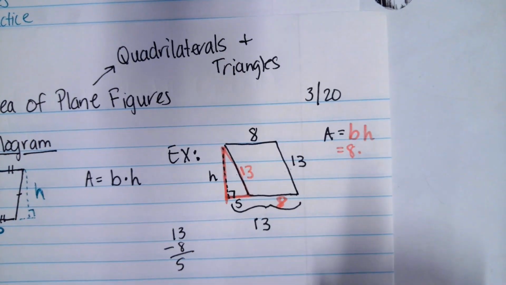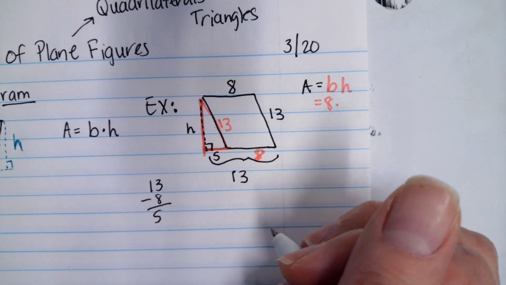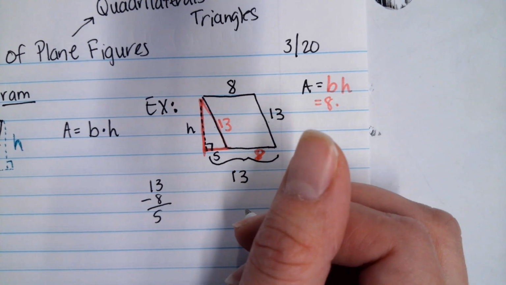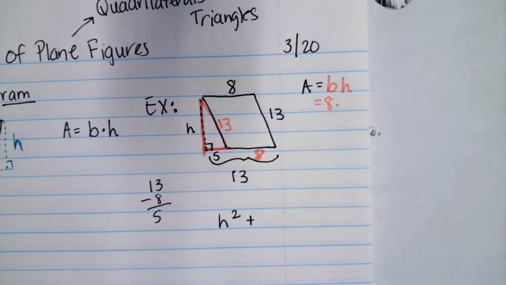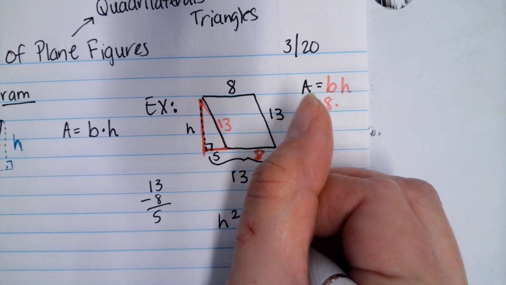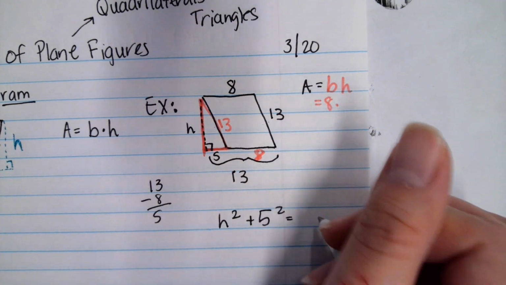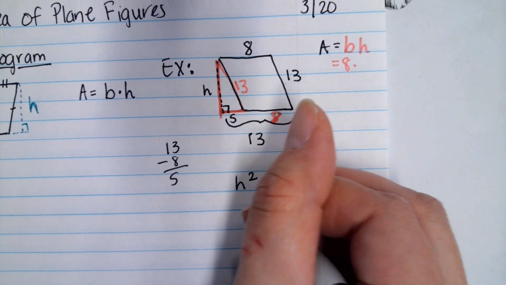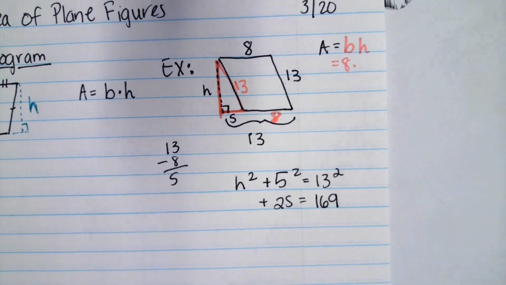Let's go ahead and label our h and find h. Is h one of my sides, my legs, or is it the hypotenuse? It is one of the legs. Do I have the other leg? What's the other leg? Yep. And then my hypotenuse is the slant height. Yep, slant height. I know that's 25 and I know that's 169.